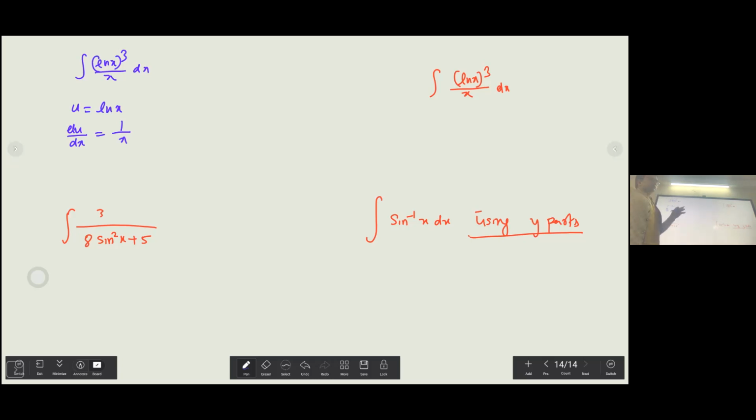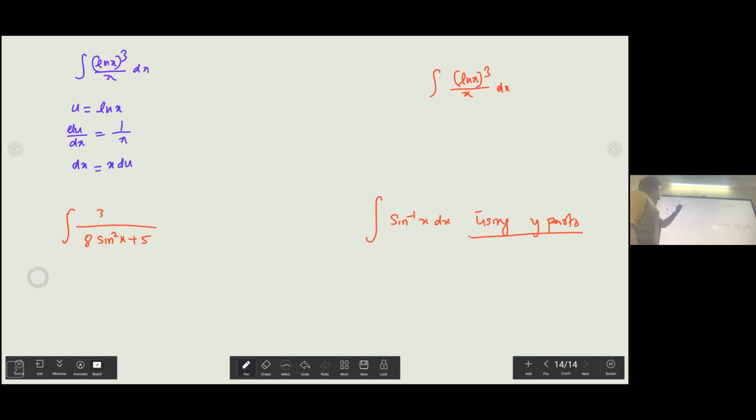So whenever it is a standard level substitution, whatever substitution you are doing, its derivative should be present as a multiplier. For example, the derivative of ln x is 1 upon x here. So dx is going to be equal to x du.